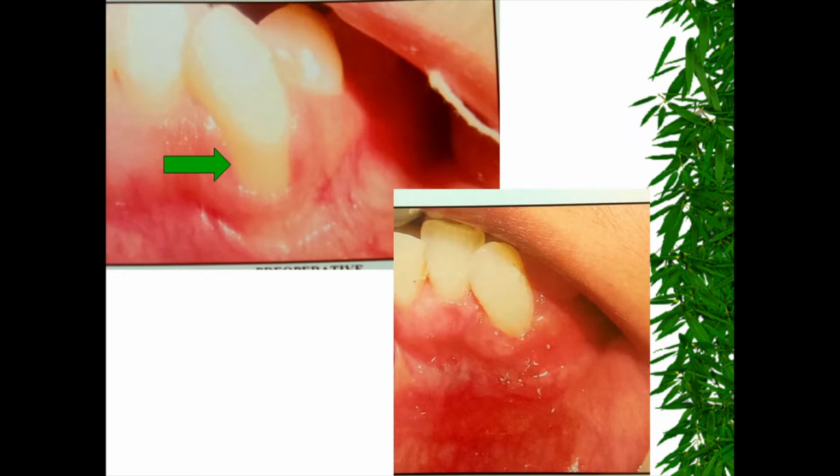So the upper picture is more aesthetically appealing as compared to the lower one because more tooth display is there.